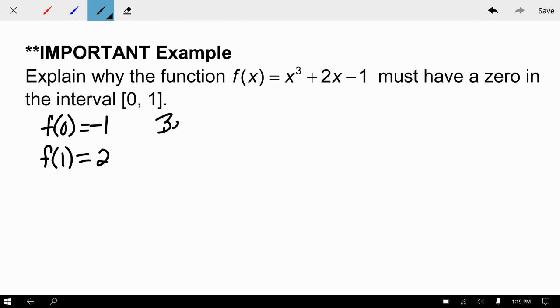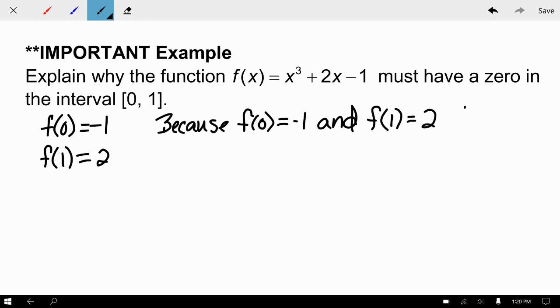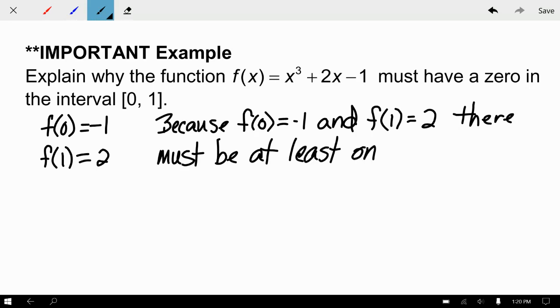I usually start it like this: because f of 0 is equal to negative 1 and f of 1 is equal to 2, there must be at least one 0 in the interval. Let's see, what was our interval? 0 to 1.